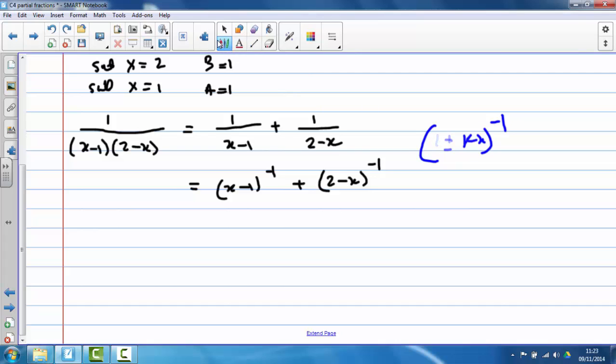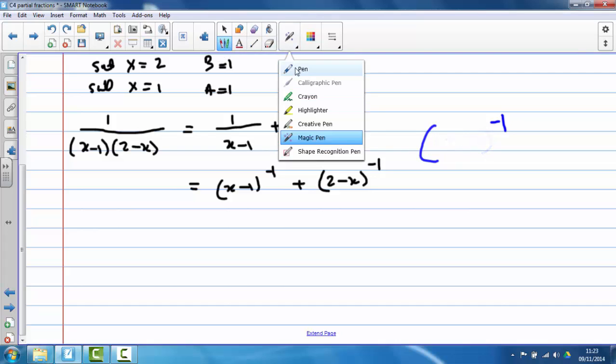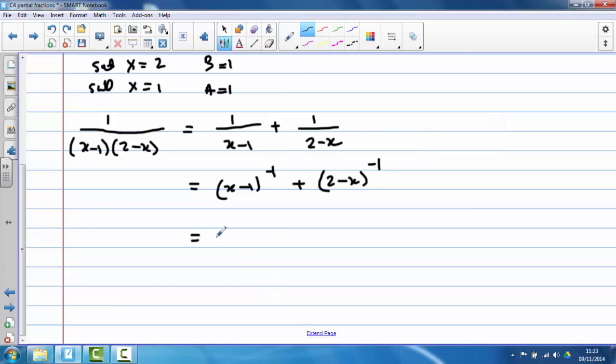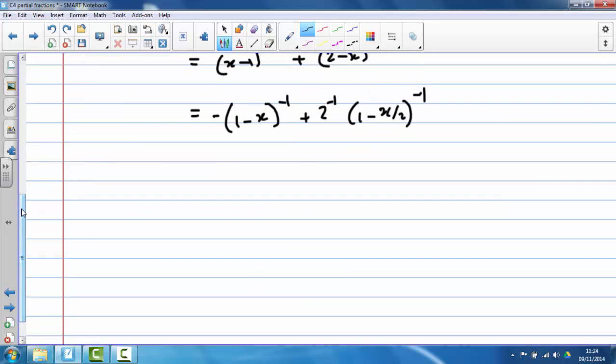So to put it in that form, what we'll do is take out the minus 1, so you've got minus 1 times (1 minus x) to the power minus 1, and this is 2 minus x, so we could take out a 2, so we've got 2 to the power minus 1 times (1 minus x over 2) to the power minus 1, and then we can do the binomial expansion on each of these parts.